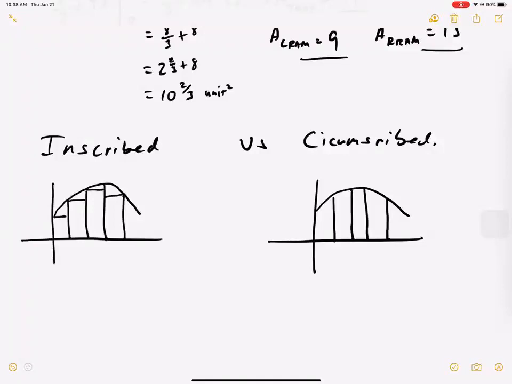Circle means you go circular around it, and we use all our extra ones. So if you take a look here, this is inscribed. All my rectangles are inside the shape. And for circumscribed, all are on the outside.